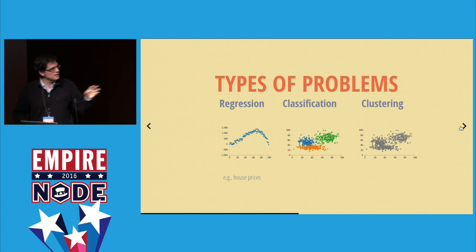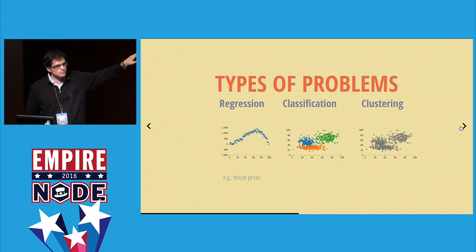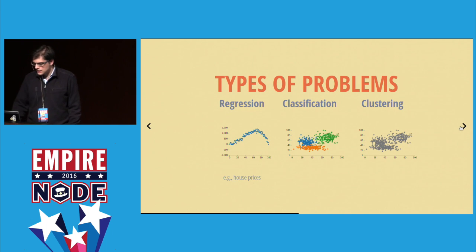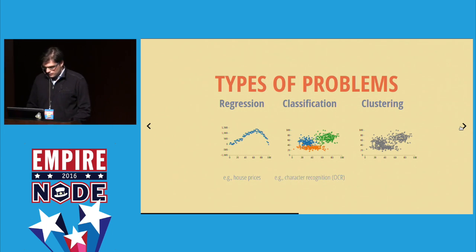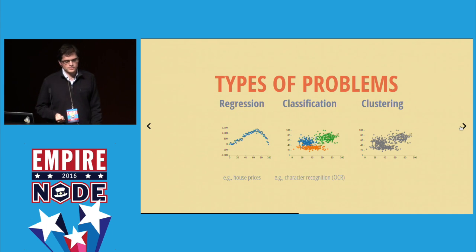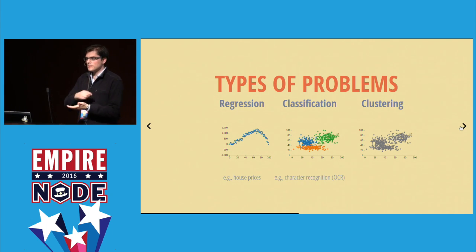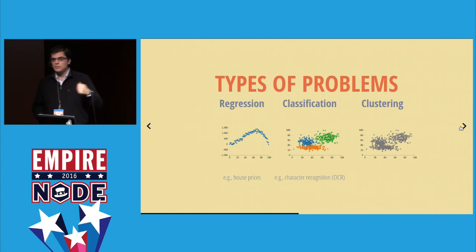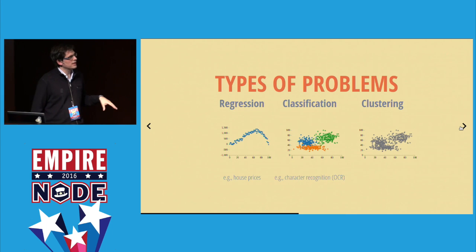So you want to find decision boundaries which help you to discriminate between the different groups. One potential application for this would be, for example, optical character recognition, right? You have, like in the post office, people who have handwritten letters, and you want to detect what letters they actually refer to, right? So that would be a classification problem.